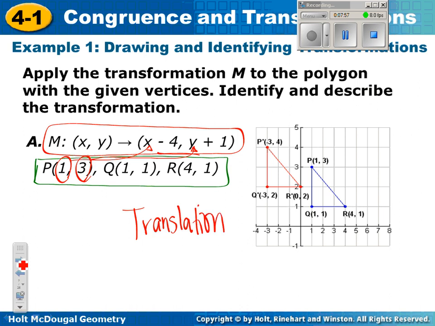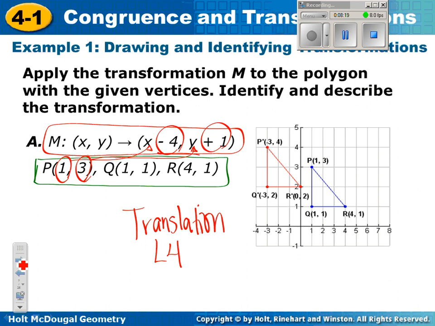So the rule that we learned back in section 1.7 was that if you are adding or subtracting to the x and the y, that's always going to be a translation. So if the rule adds or subtracts, it's always a slide. And then it tells you the direction by looking at that. So since it's a -4 to the x, that means we're going to go left 4, because that's where x's get negative.